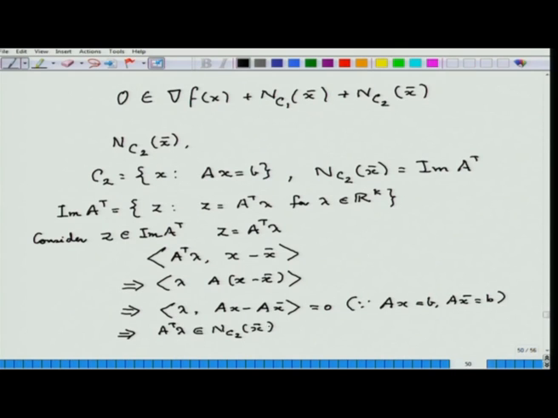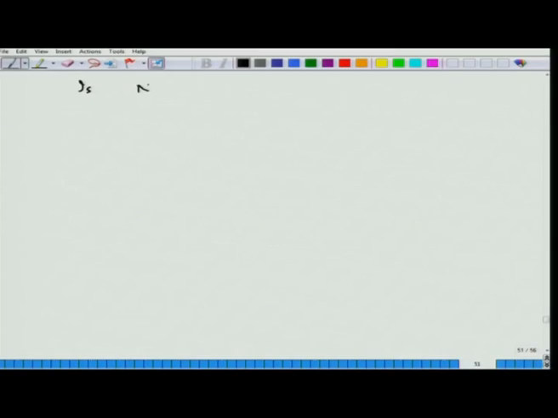So, now I have to look for the reverse one. My next question is: is the normal cone to C2 at x bar a subset of the image of A transpose? Let us try out.